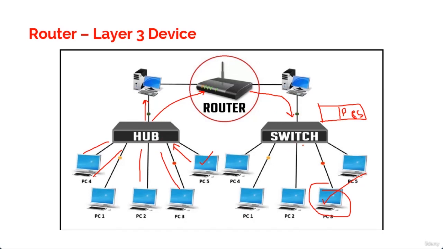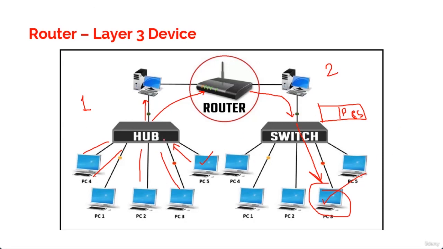After this, the hub sends the data to the router. Now, the router checks which network this data is destined for. As the intended destination is PC3 of the other segment, the router properly routes the data to the switch. Now on the switch, there is a packet, and in that packet, it is stated that it is for PC3.